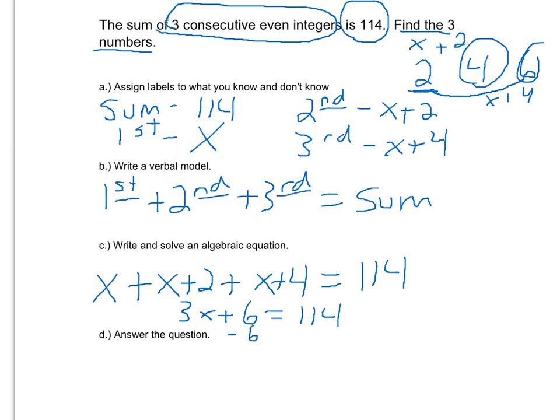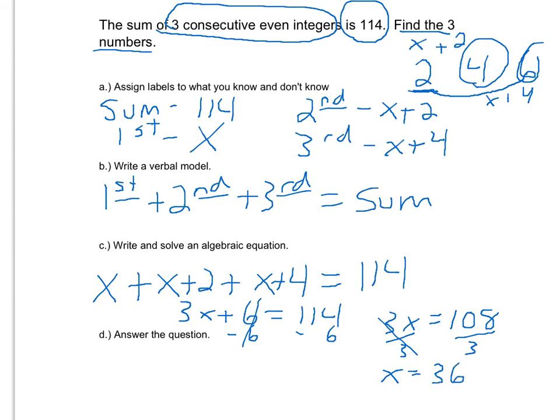I'm going to do negative 6 to both sides. Those cancel. I get 3x equals 108. Then I need to divide by 3. And I get x is equal to 36.